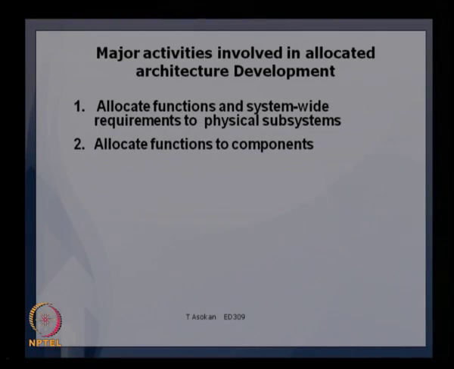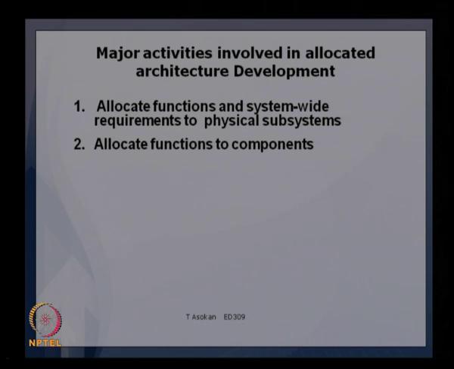So, that is the first stage where we try to allocate functions to components based on already identified requirements as well as the system wide requirements. Initially we identify the functions and the requirements, and then we allocate the functions to the components.